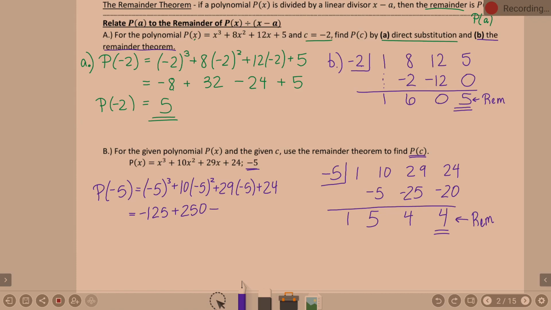Yep, mine either. 145. Yeah, there we go. Negative 145 plus 24. I don't have an easy way. Negative 125 plus 250 is going to be positive 125. 125 minus 145 is going to be negative 20. Negative 20 plus 24 is going to be, guess what? 4.